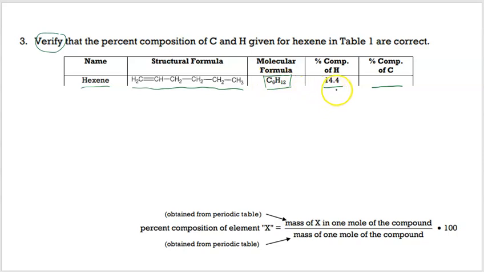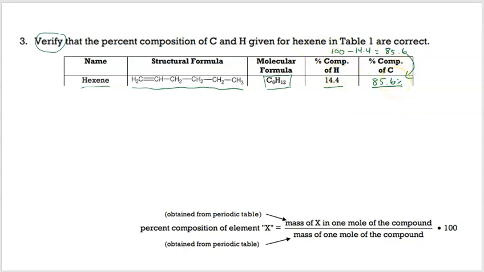Since the hydrogen is 14.4%, we can immediately infer that this is 85.6% carbon, because if we know hydrogen is 14.4%, 100% minus 14.4 gives 85.6. And that's where that comes from. So we don't actually have to go through the trouble of taking the mass of 6 carbons and dividing it by the total mass. Once we know the percent composition of one of the two, we can quickly do that.